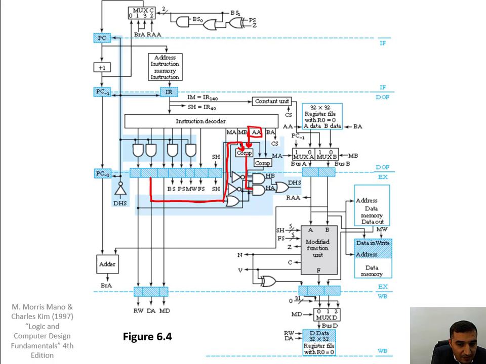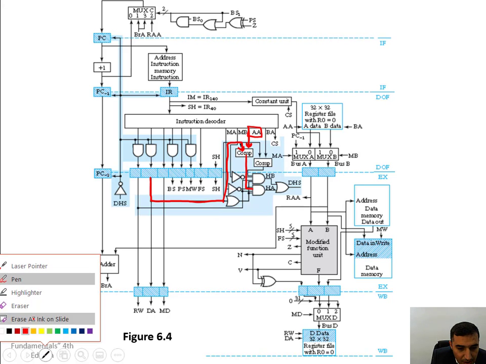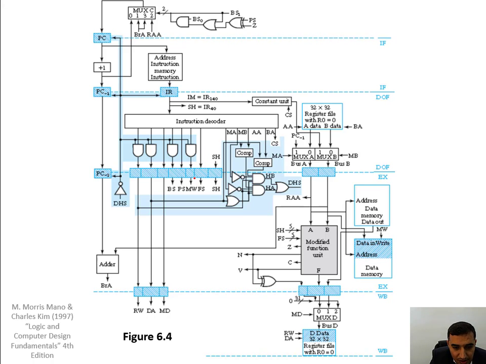Now, if the comparator is giving 1, then you have 1 here, and you have 1 from MA. The third input is RW in the execution stage is equal to 1. Where is RW? This is our RW. RW in the execution stage is equal to 1. And finally, the destination address DA, entered into an OR gate, is equal to 1.